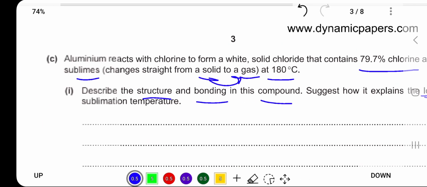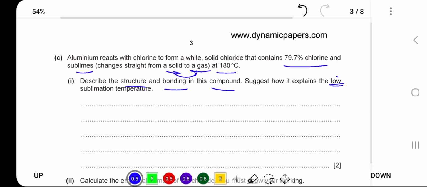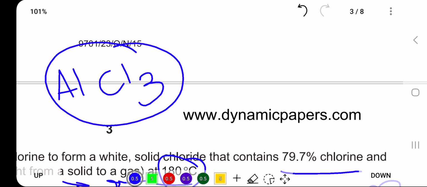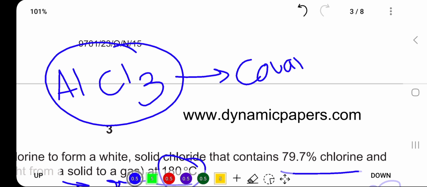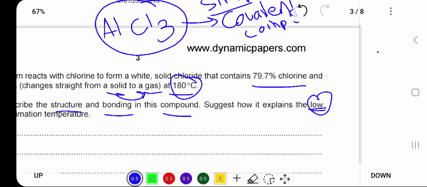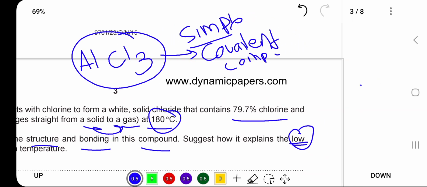AlCl3. I want you to learn that this is a covalent compound, a simple covalent compound, and this actually contributes to why it has a low temperature.